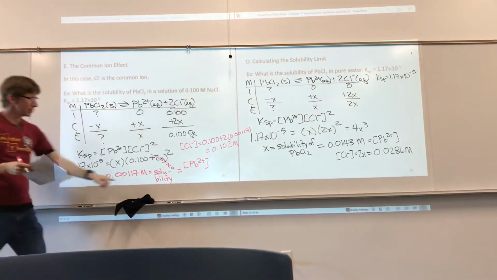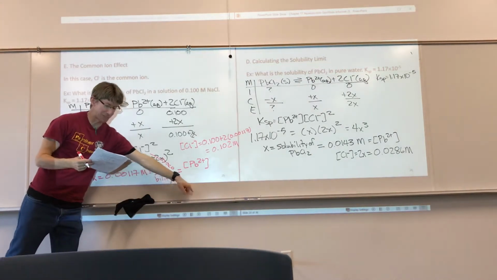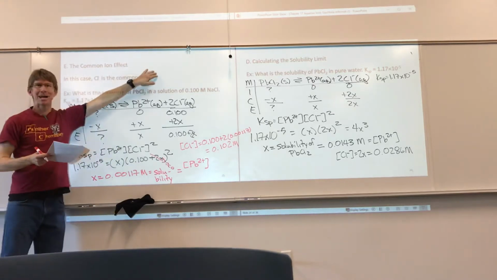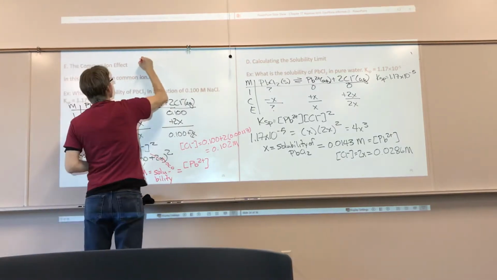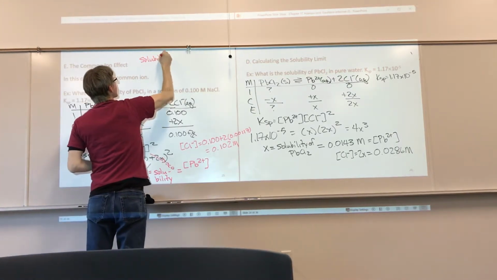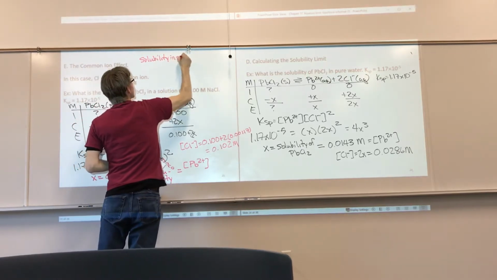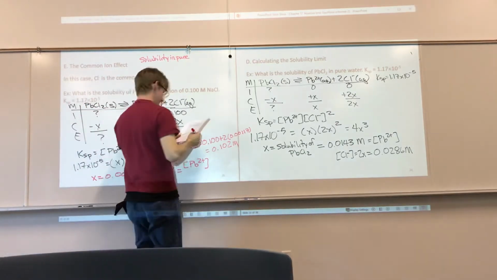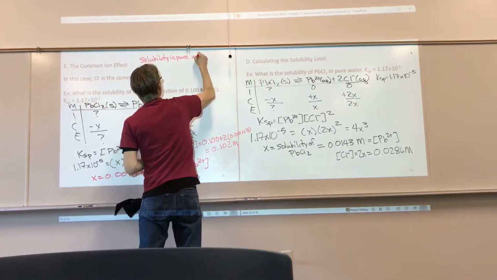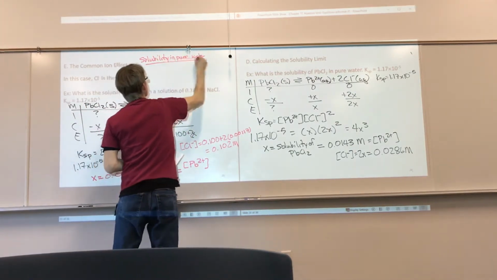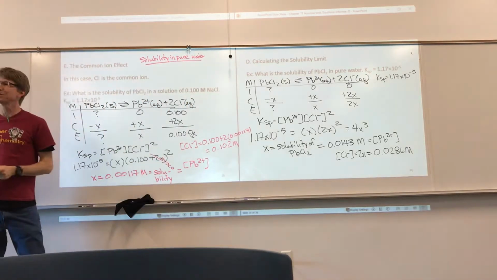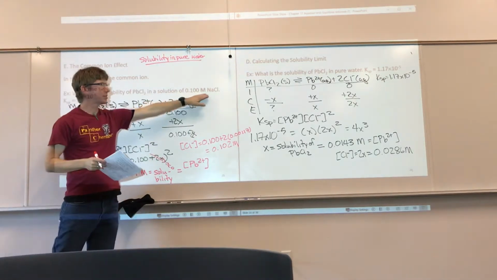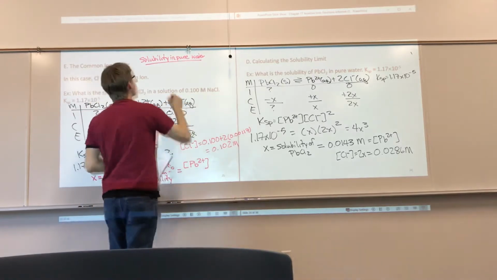and the last thing we're going to do, I'm sort of out of space, maybe you have some space down there. I'm going to do it up top here. I'm going to calculate the ratio of solubility in pure water divided by solubility in 0.100 molar chloride ions.